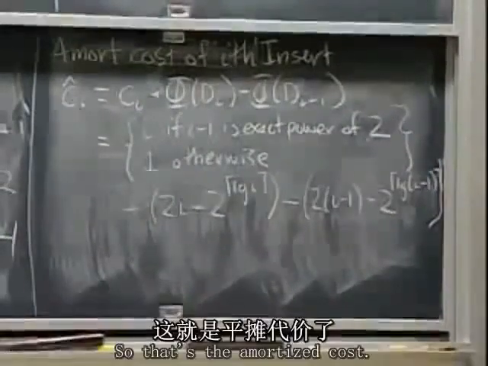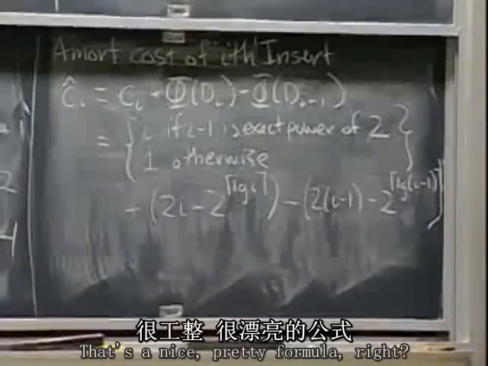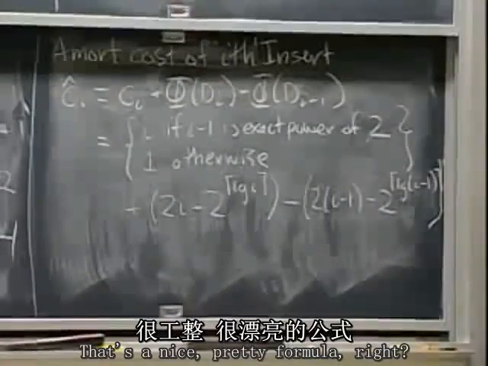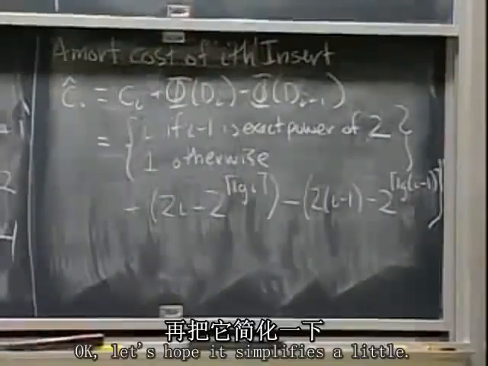Okay? So that's the amortized cost. That's pretty nice, pretty formula, right? Okay, let's hope it simplifies a little.